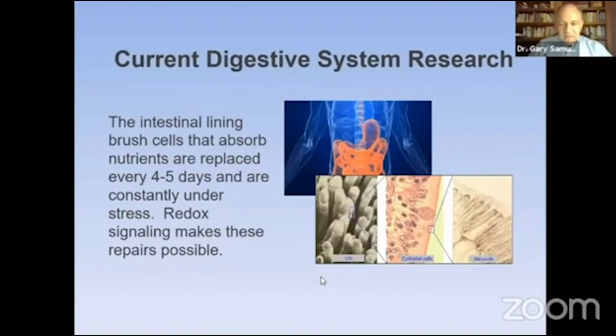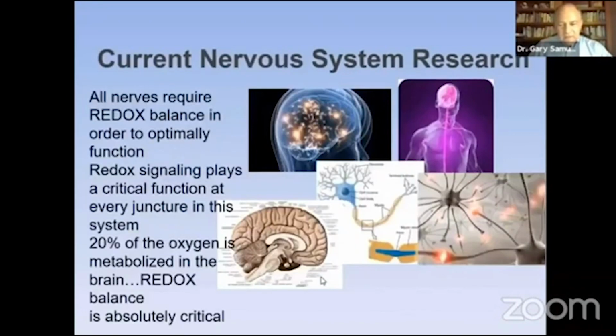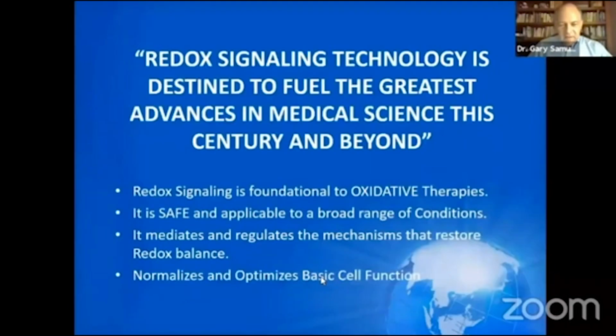Digestive system research, it helps these digestive system to replace cells. Of course, cell signaling is important in the nervous system, and it aids there. It's safe and applicable to everything. And so now, recently, I was going to say, a little bit about the genetic research.